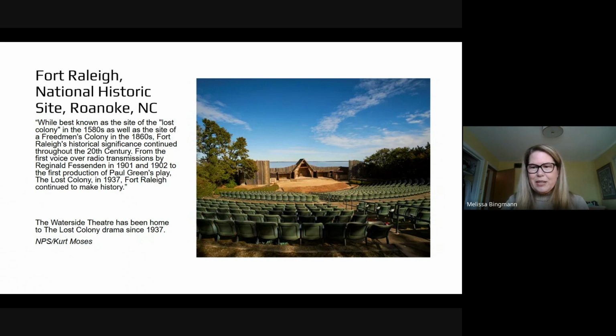They're interpreting this play as part of the story of this site, which is an interpretation of the lost colony. So this is an example where it is wise and smart to expand the interpretation well beyond why it was initially set up as a National Park Service site, okay?